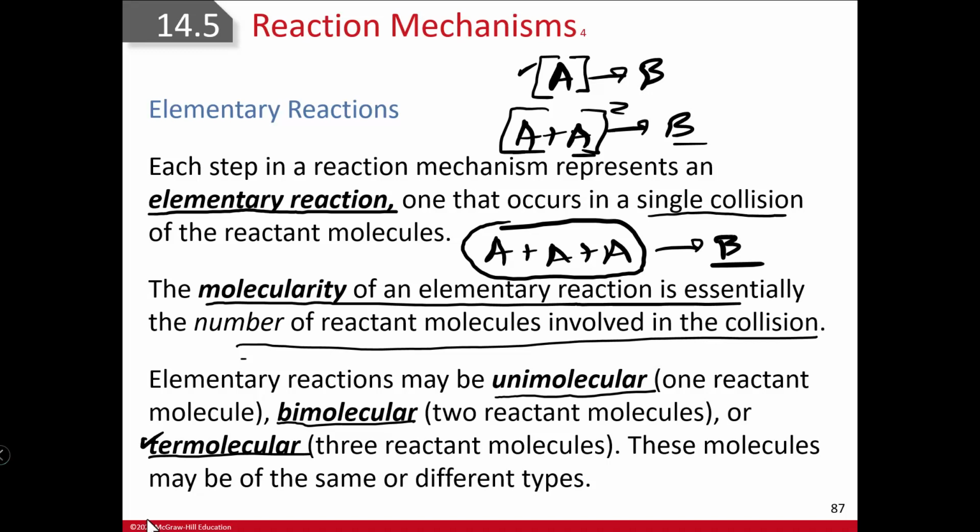And so we wrote this in the rate law as A raised to the second power. And then again, the rate law says we have to put a k in here, and then we put a rate here, the overall rate. So that's what's so important about this, that the rate law and the types of collisions are related.